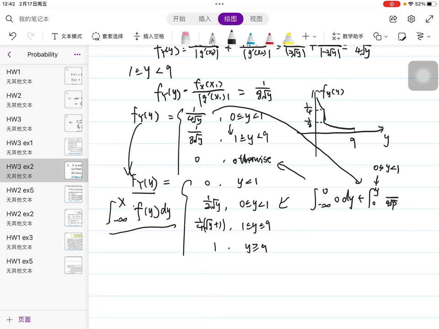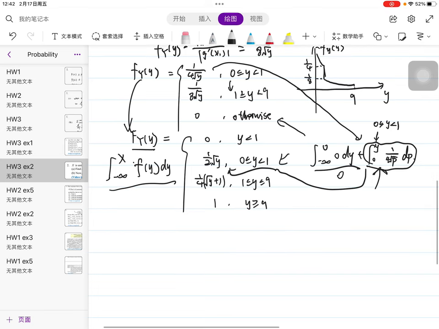Let me write p here. Yes, this is 0, and we calculate this to get the distribution function equal to that. Right, so this is how we can get this probability distribution function from the density function.